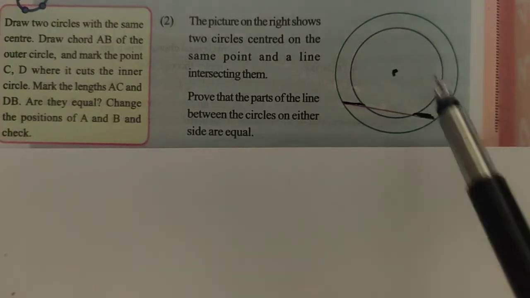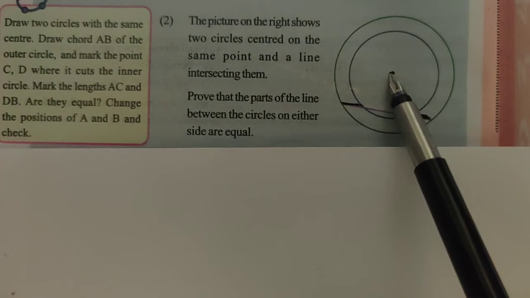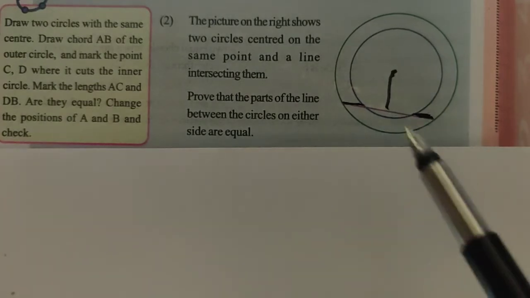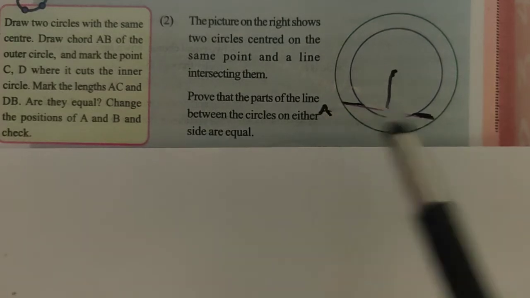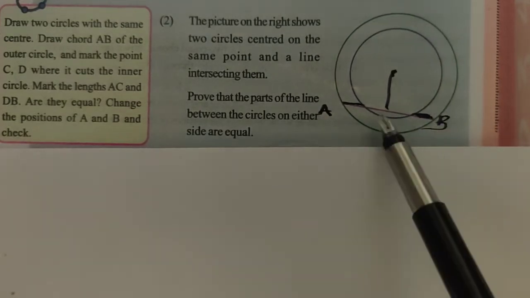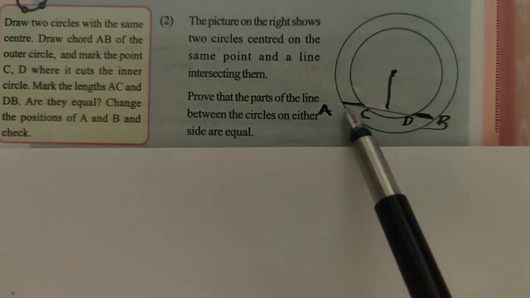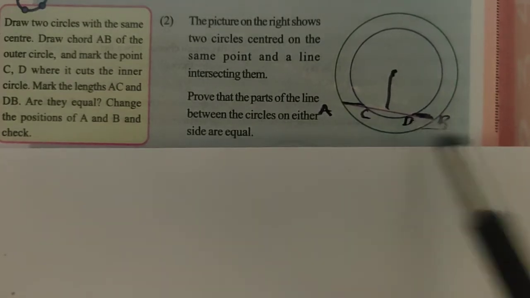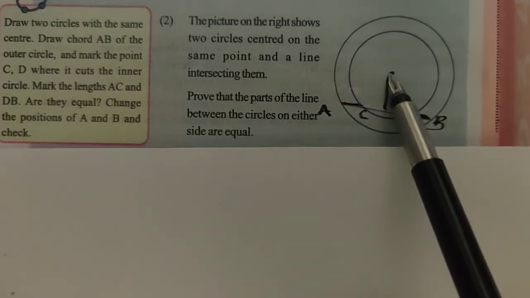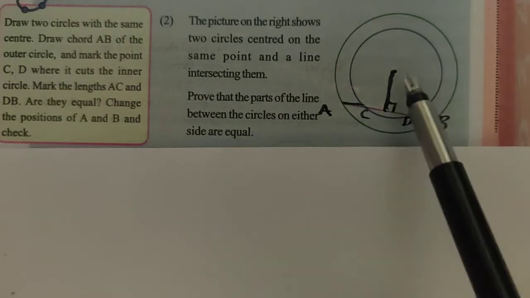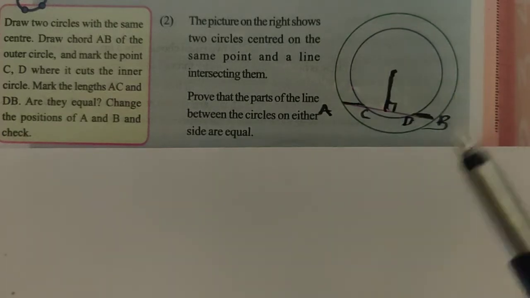How do we prove that? We construct a perpendicular to here. Then we can name this part AB and this part CD, and we want to prove that AC is equal to BD. By this construction, we draw this perpendicular to here.